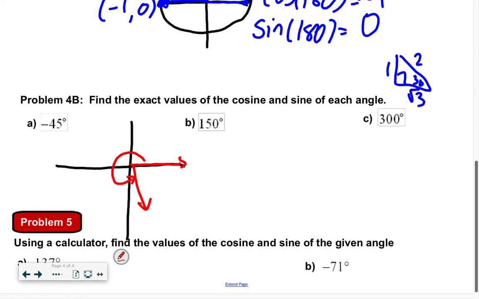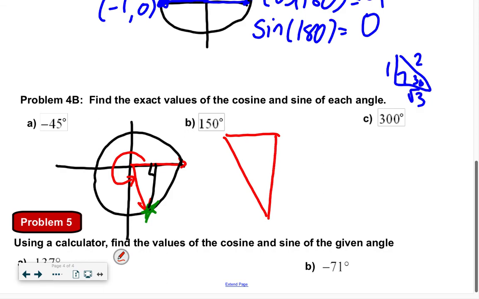It's all the way around, right? Draw our unit circle. I want to know this coordinate right here. I'm going to blow up our triangle. Make our right triangle with the x-axis. So if I blow it up, it looks something like this.